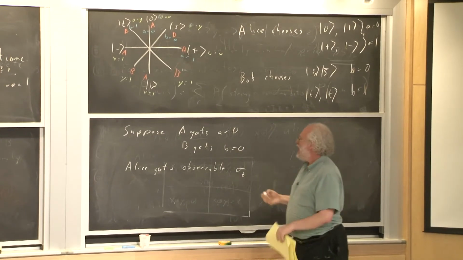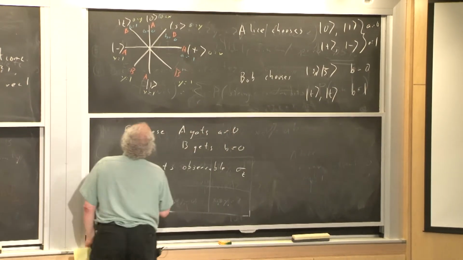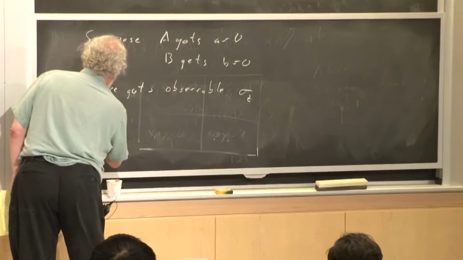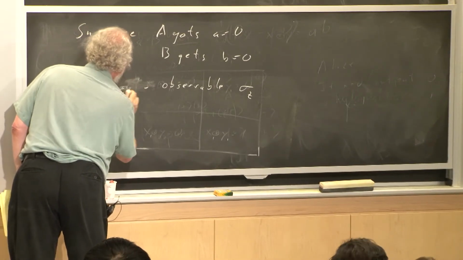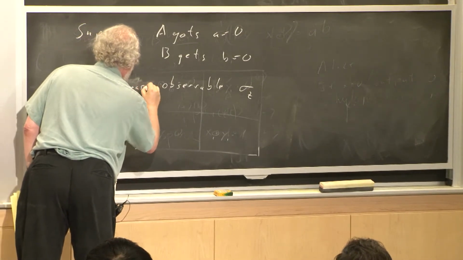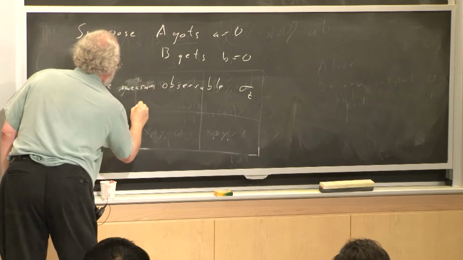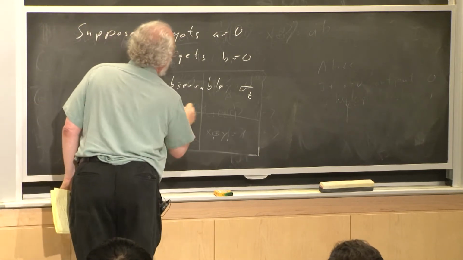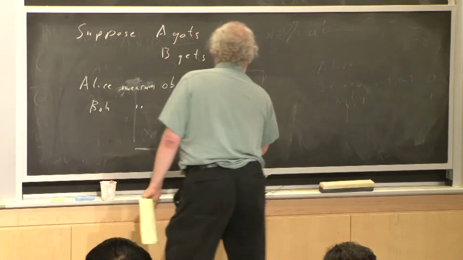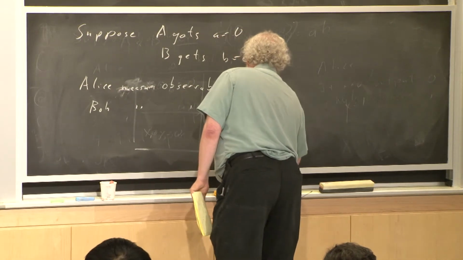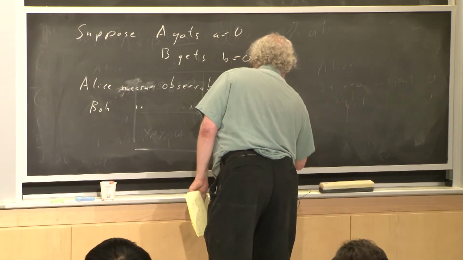And Bob, I shouldn't say gets, I should say measures. Bob measures the observable 1 over root 2 times sigma x plus sigma z.